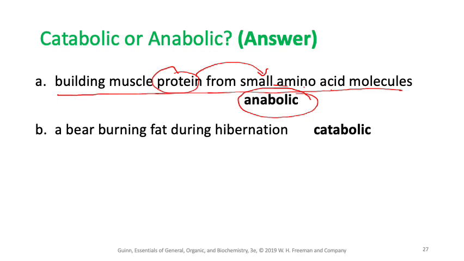The second one is a bear burning fat during the hibernation. If the bear is burning the fat, it means the bear needs energy, and how is it going to get energy? From burning the fat. So fat is converting into a smaller molecule.